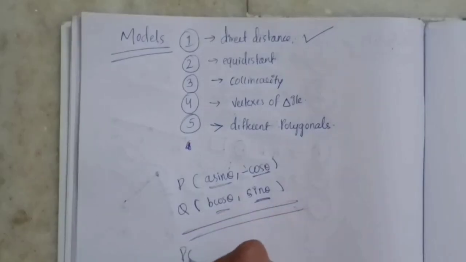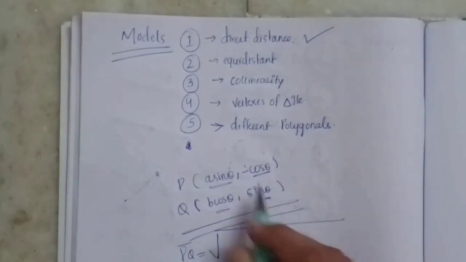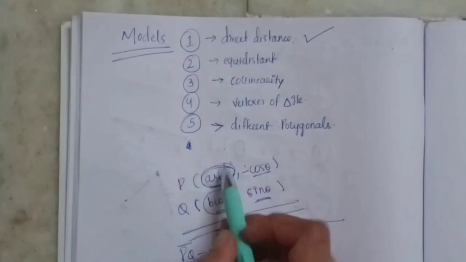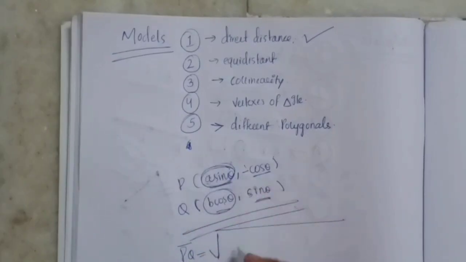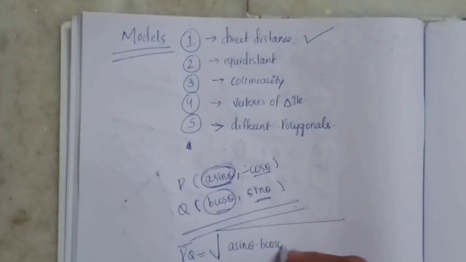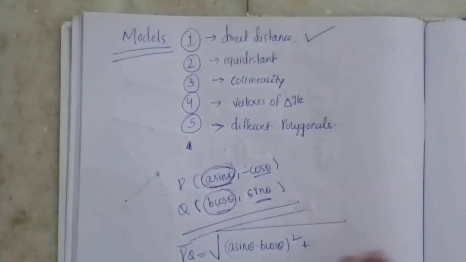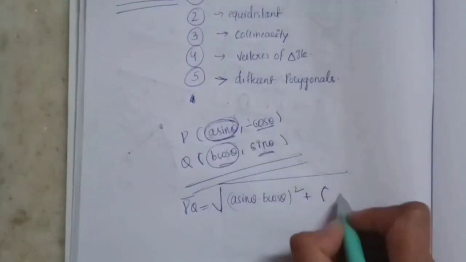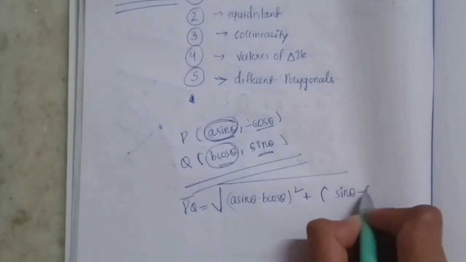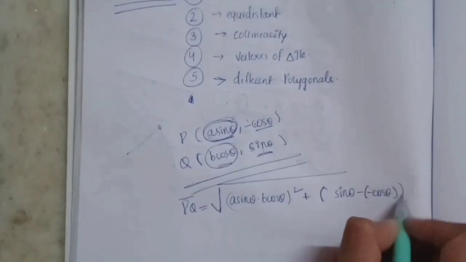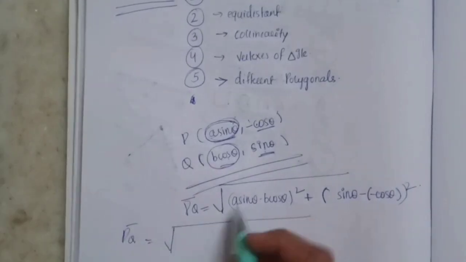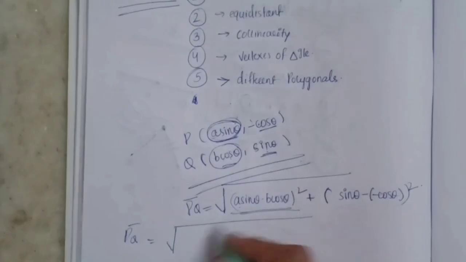And we have to find the distance PQ, which is under root, difference between the x coordinates, right? Difference between the x coordinates is a sine theta minus b cos theta whole square, right? Plus difference between the y coordinates, so sine theta minus of minus cos theta whole square. So we need to solve this. PQ is equals to under root. We have to expand this, right?